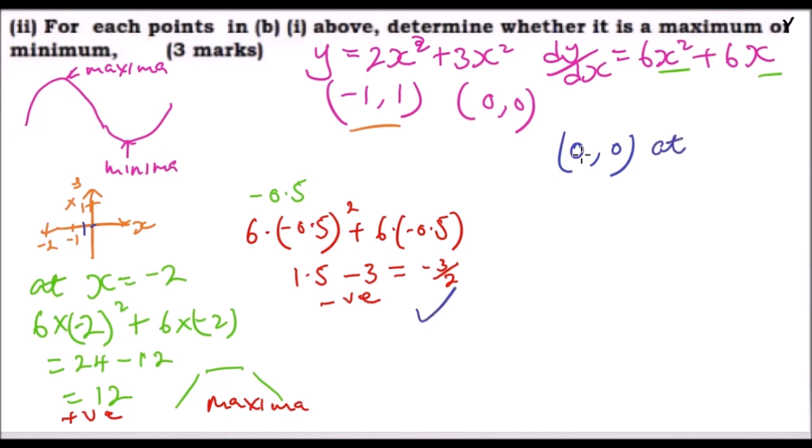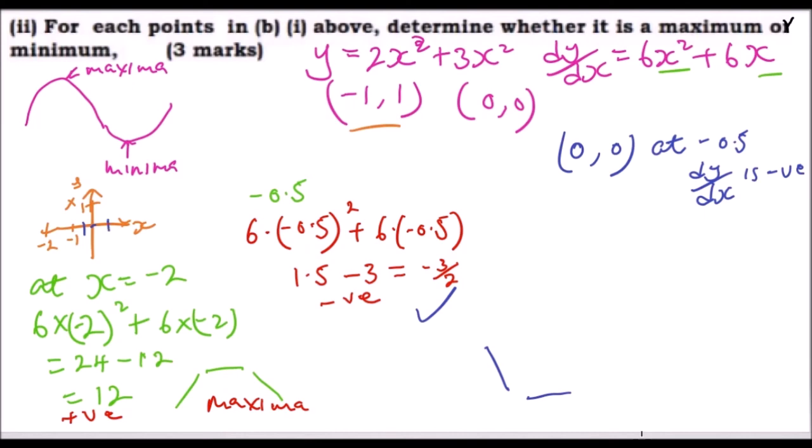So at minus 0.5, dy over dx is negative. So the nature of a negative gradient looks like that. That is negative gradient. Then we have the turning point at 0, 0.